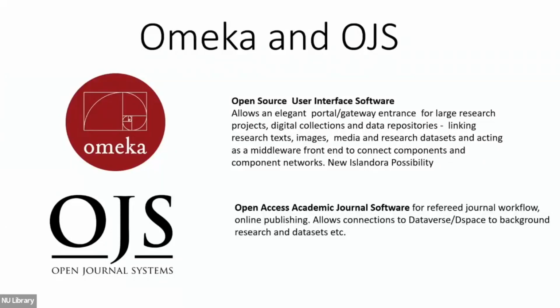The other applications that are important to a digital scholarly ecosystem are Omeka and OJS. One is open source user interface software, and this allows much more complex projects. So you've already got the open source digital ecosystem in place. And the next piece in that puzzle becomes enabling the academics.